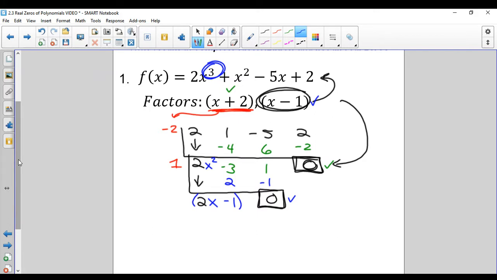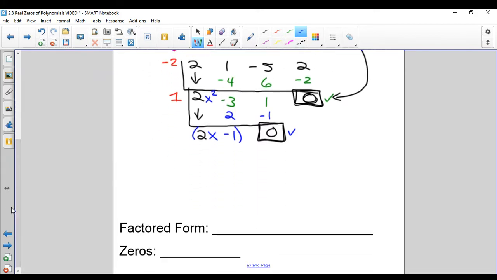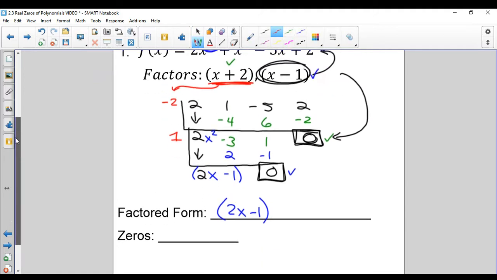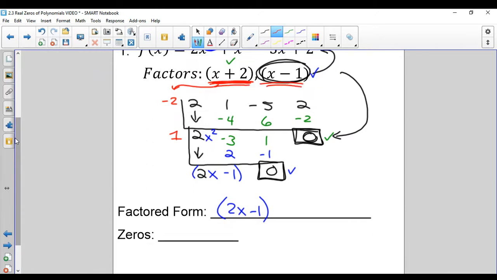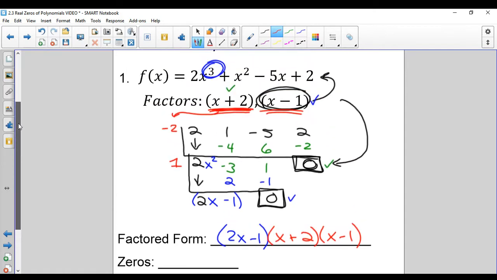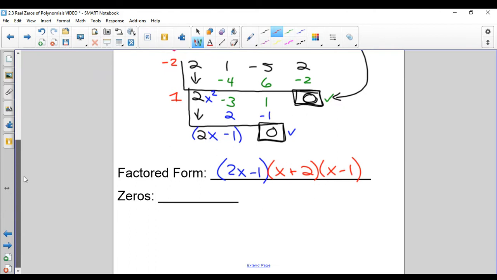There's my last factor. So the complete factored form here is 2x minus 1, the new one that we found, plus the other 2, the x plus 2 and the x minus 1. And if we were to multiply this out, that would multiply to the function up top.